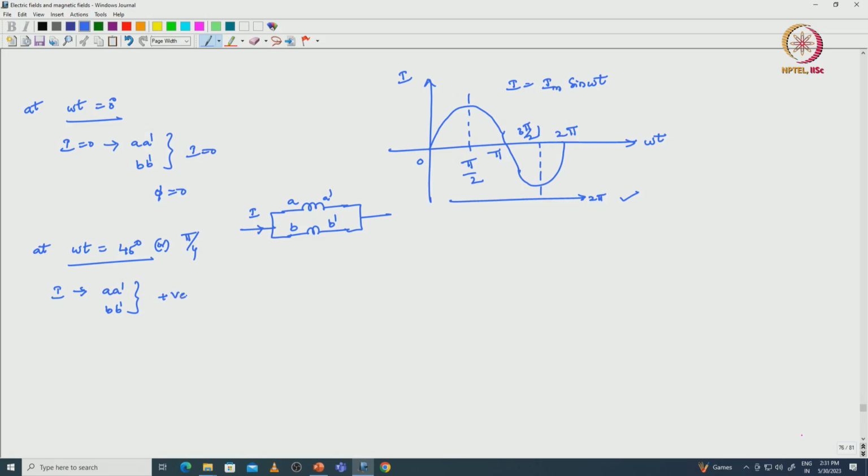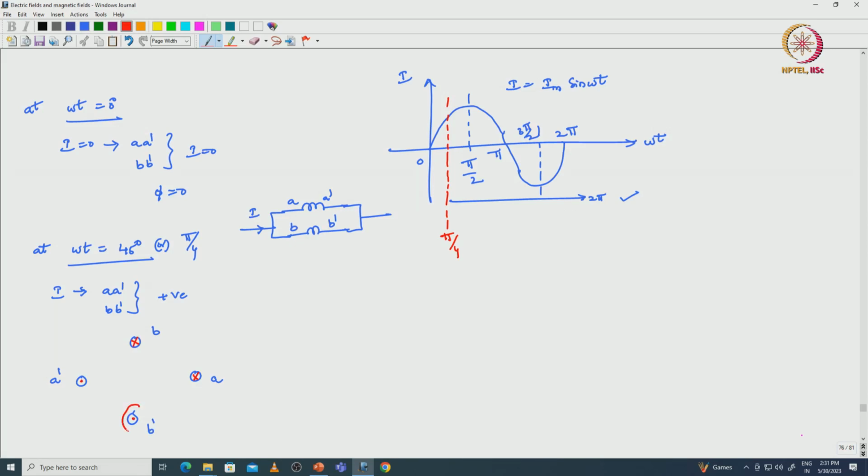So, the current is positive and has some value at 45 degrees, the instant is this one, at pi by 4. We will see the conductor placements, A dash, B dash. The current is positive, so at A it is cross and at A dash it is dot, at B cross and at B dash it is dot.